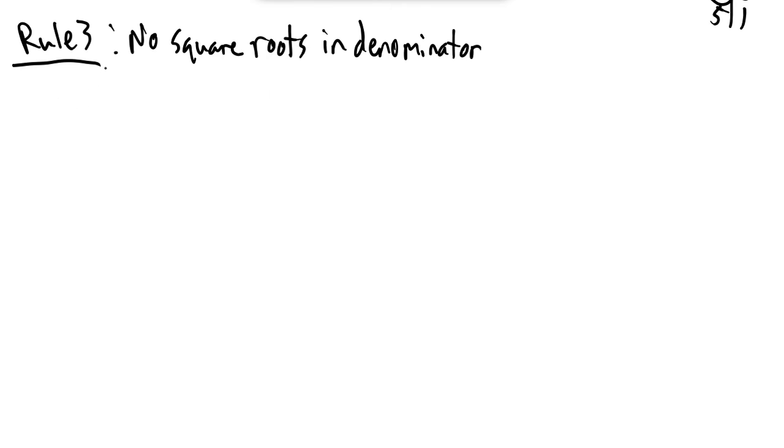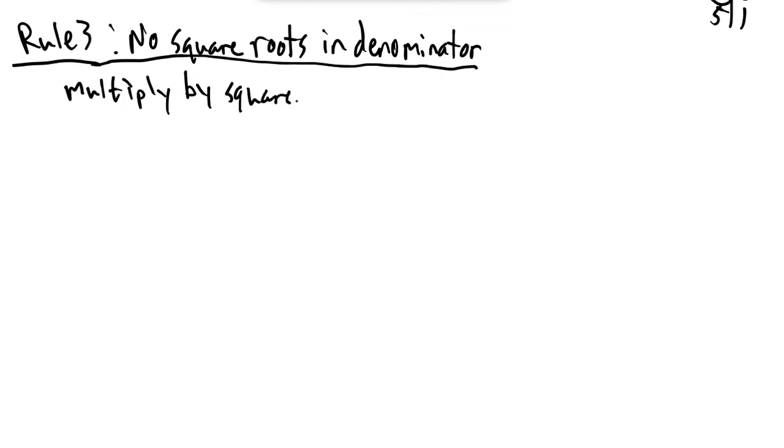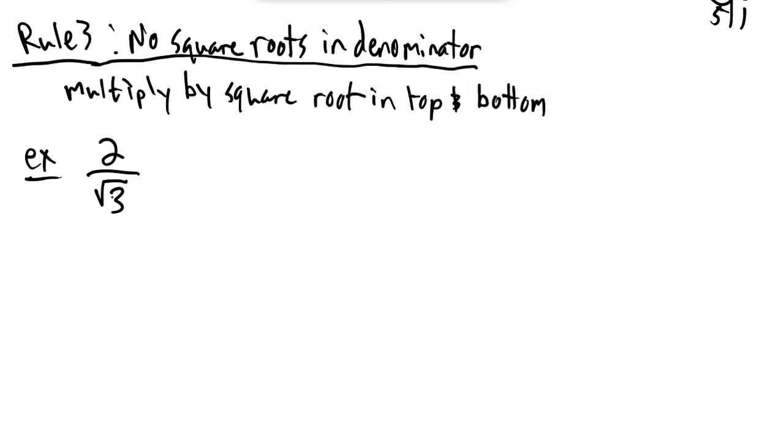Well, we're going to multiply by whatever's in the square root on the top and bottom. So if we have something like 2 over the square root of 3, we have this square root in the denominator. We can't have that for this to be simplified. What are we going to do? We're going to multiply by what's in the square root on the top and the bottom. So we're going to multiply by the square root of 3 on the top and on the bottom.